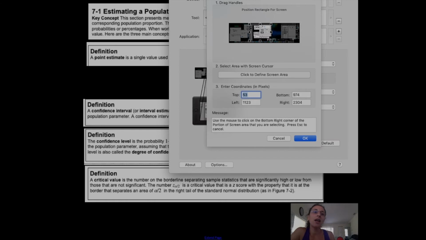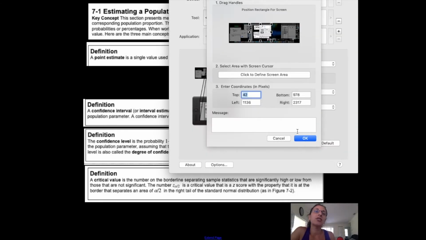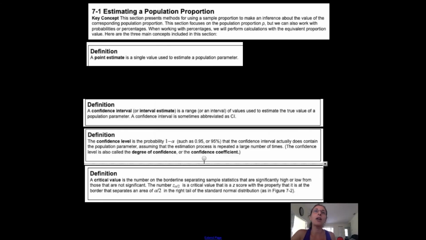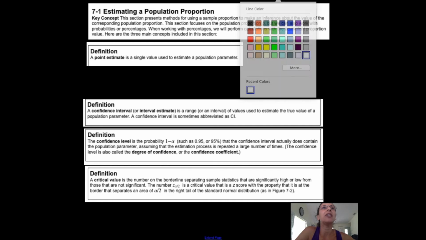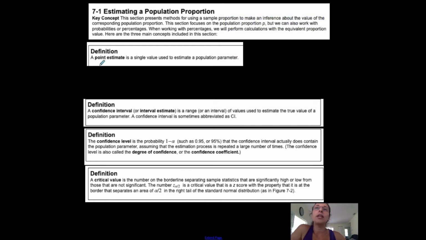I'm not going to take the percentage of students that have brown eyes and use that to find an average. So in notation, a point estimate is what you're using from the sample. p hat, a sample proportion, is used to estimate P, which is a population proportion. And then, of course, they have to correspond to similar things.